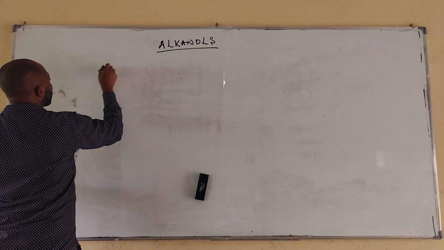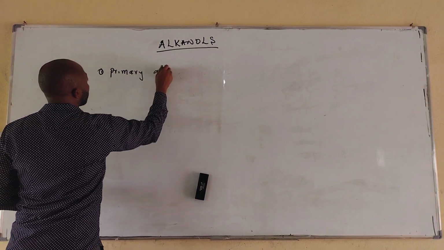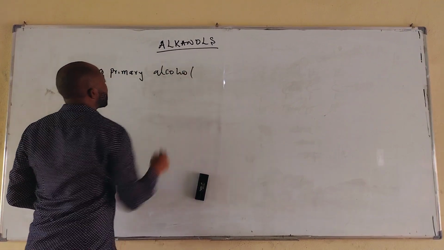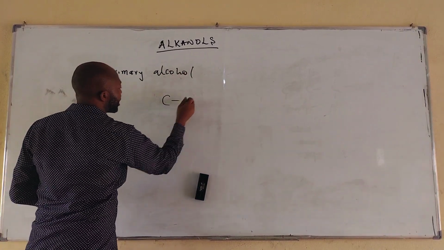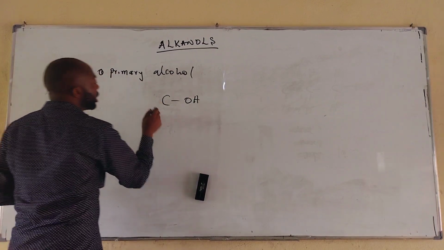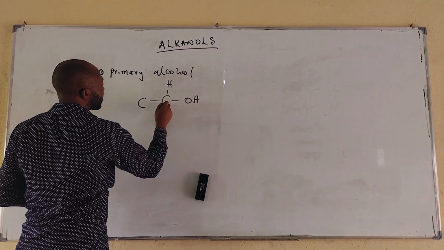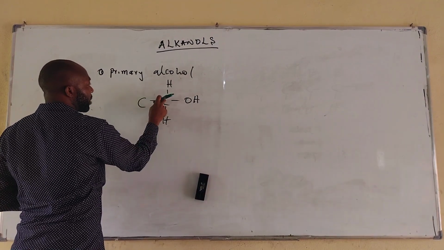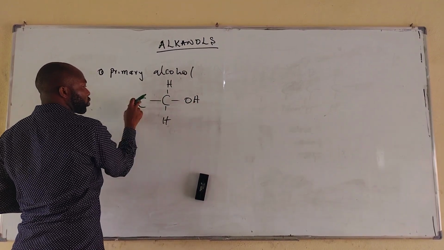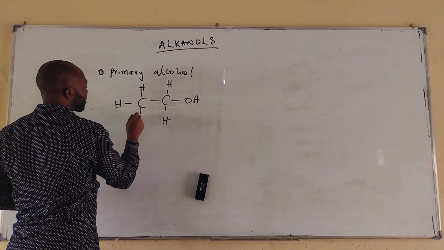So the first one here we say primary alcohol. The carbon carrying the OH group, this is the carbon, is attached to just one other carbon atom, which is this.